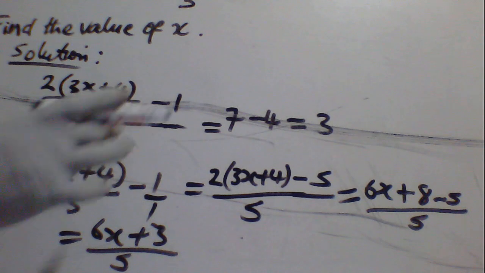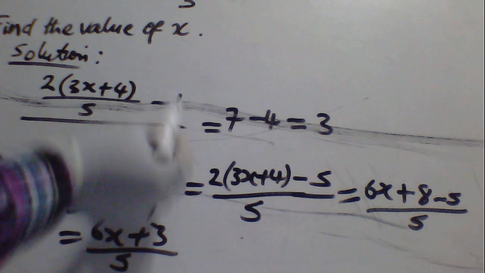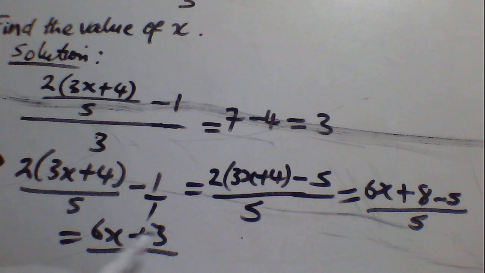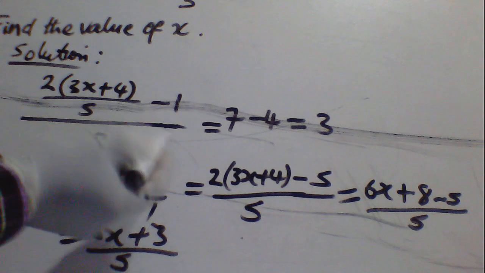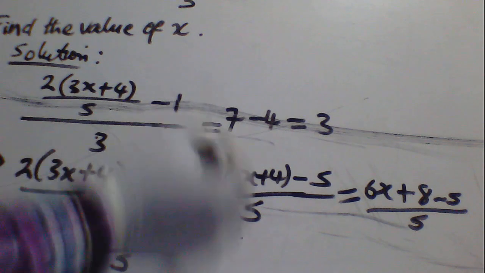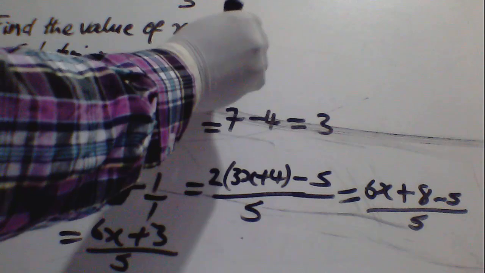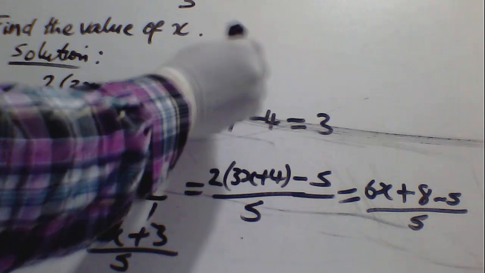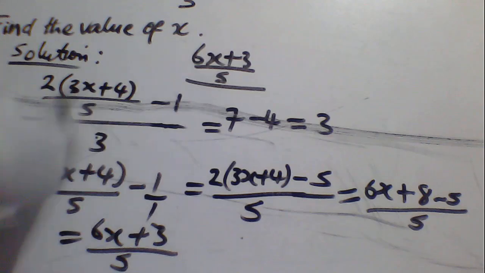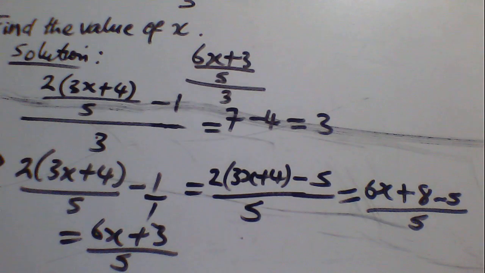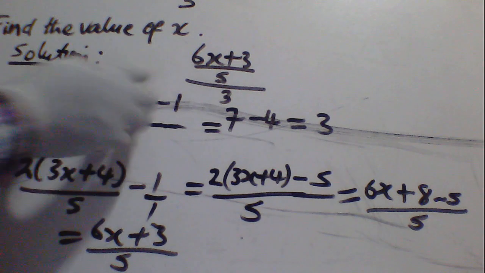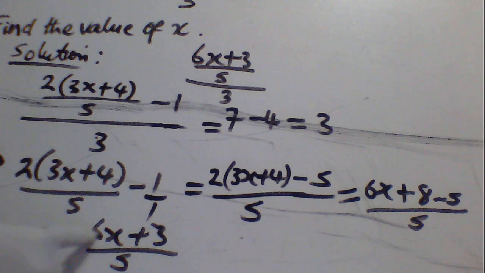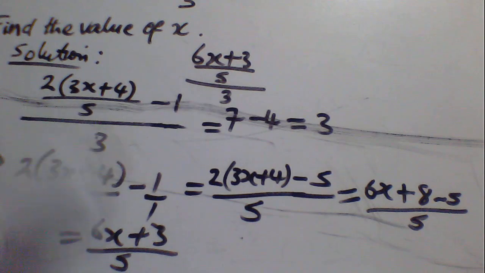So you can now come to this expression we have already solved. We got (6x + 3)/5. We can now say that all of this left hand side is equal to (6x + 3)/5 divided by 3, because we have simplified it.